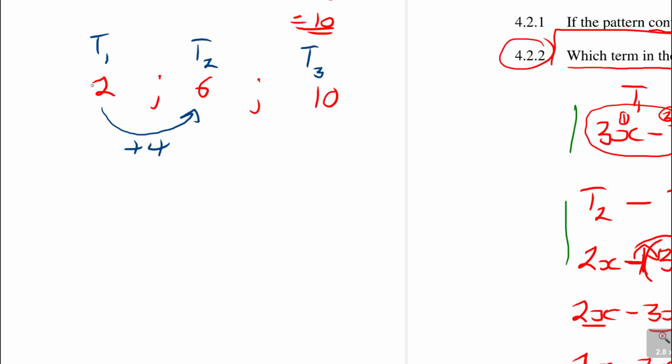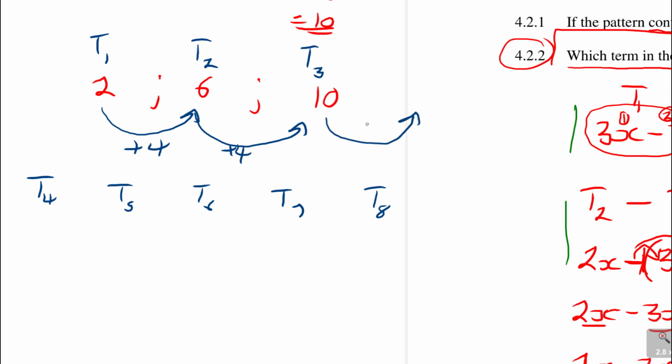So you're saying 6 minus 2, you get that 4. And then again, 6 plus 4, what do I get? I get a 10. I can continue having t4, t5, t6, t7, t8. Let's put it together now. If I say 10 plus 4, remember it's 10 plus 4, I'll get my t4.